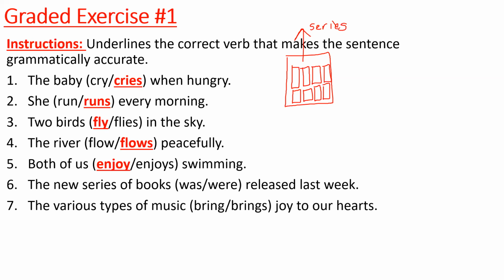Like I'm talking about Lord of the Rings and Mission Impossible and all them other stuff. Although those are movies, when we talk about a series, we look at it as a whole. It's basically one entity. So you have to be careful, because even though it has a bunch of books in it, it's still one series.